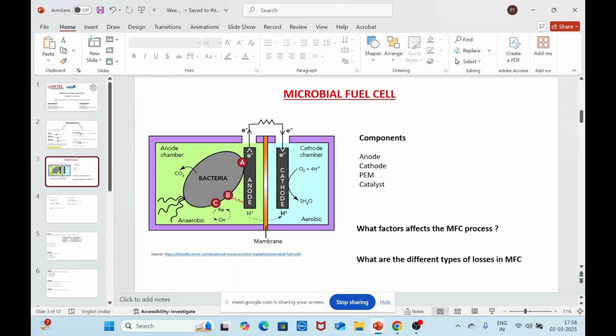Okay. So another common example for direct transfer is your E. coli bacteria. E. coli is a very commonly known example. The first thing that comes to my mind for a direct transfer microbe is E. coli.